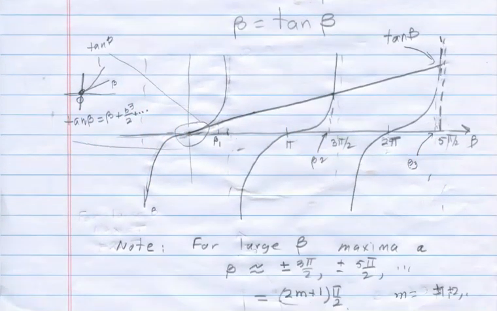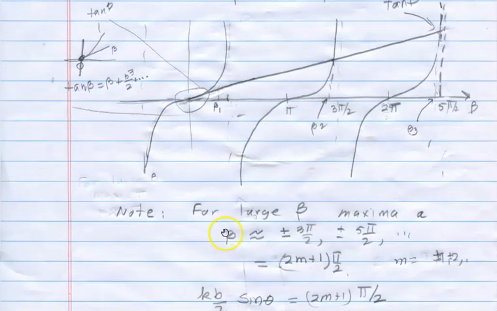So to good approximation, for large beta, you get maxima at beta plus or minus 3 pi, plus or minus 5 pi over 2, and beta equals 0, but that would fall out of this pattern here. These odd numbers can be represented as 2m plus 1.